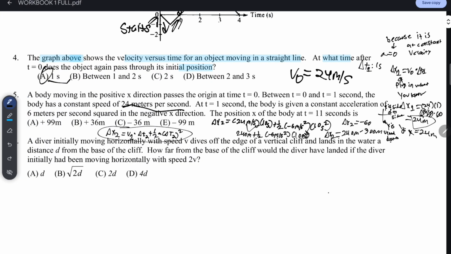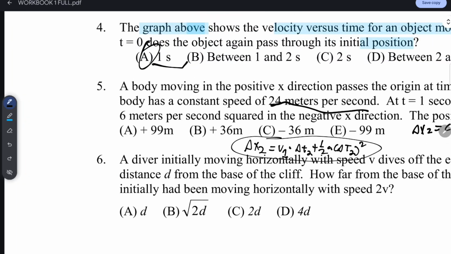And now the final position, we know that time is 11 seconds. So x final is equal to x plus delta x total, which is equal to delta x1 plus delta x2.